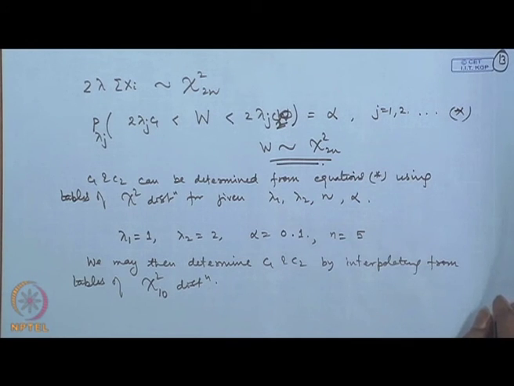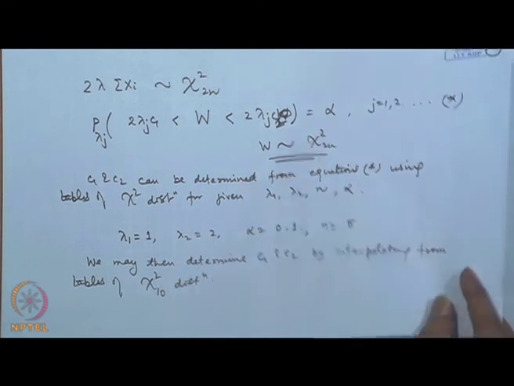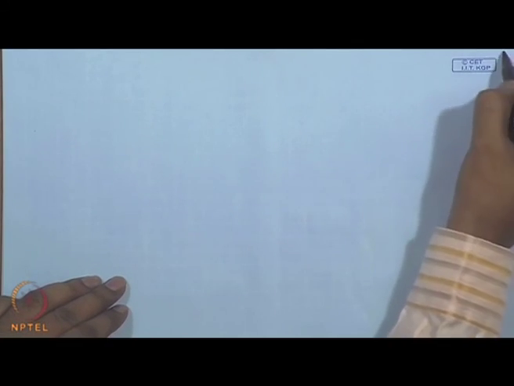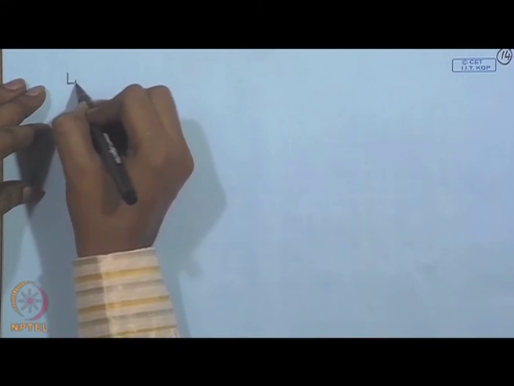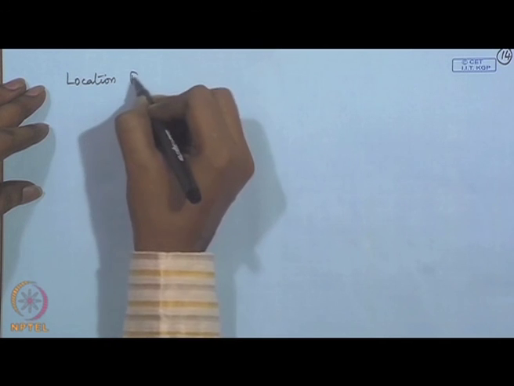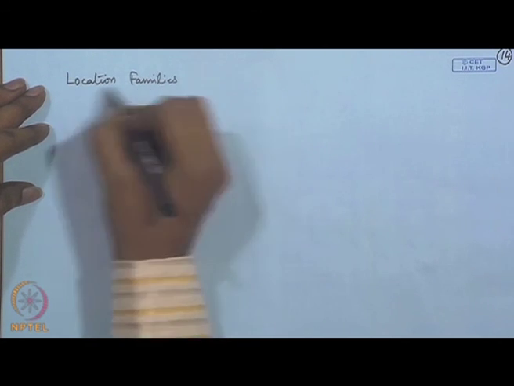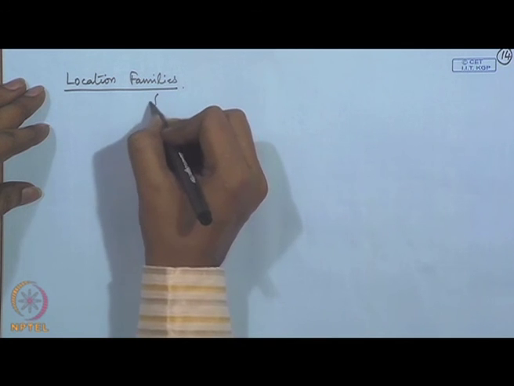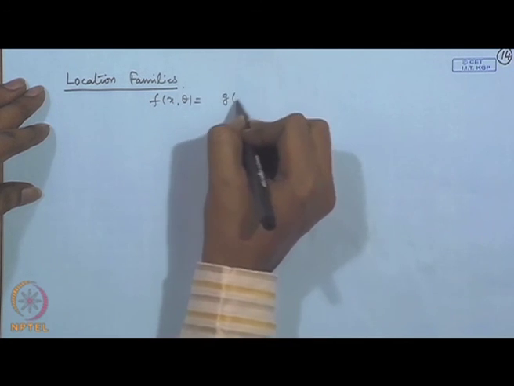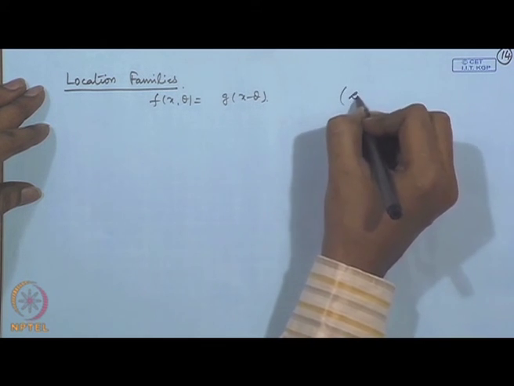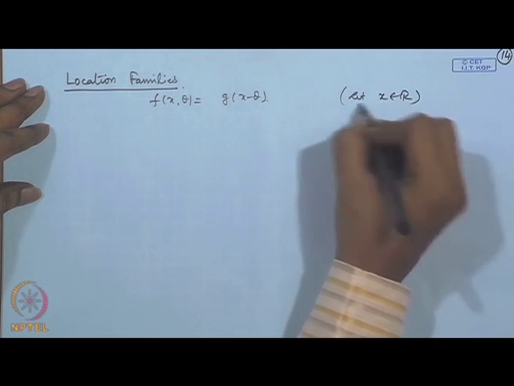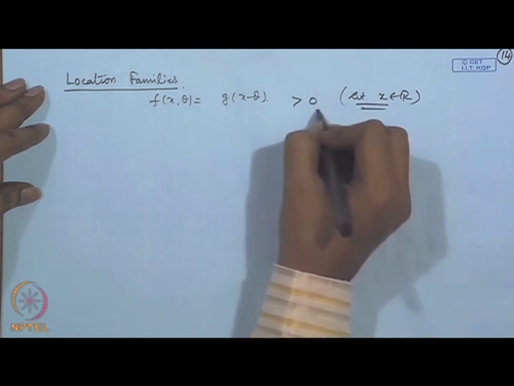Let me make a mention about the location scale distributions. Under certain conditions, these location scale distributions also have the monotone likelihood ratio property. So, let us consider location families. That means, my f(x, theta) is of the form g(x minus theta), and of course, let us take x belonging to R, that is, g is positive for all x.